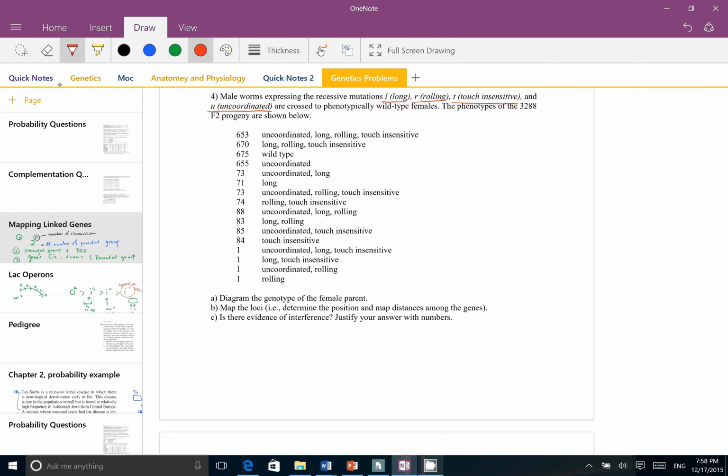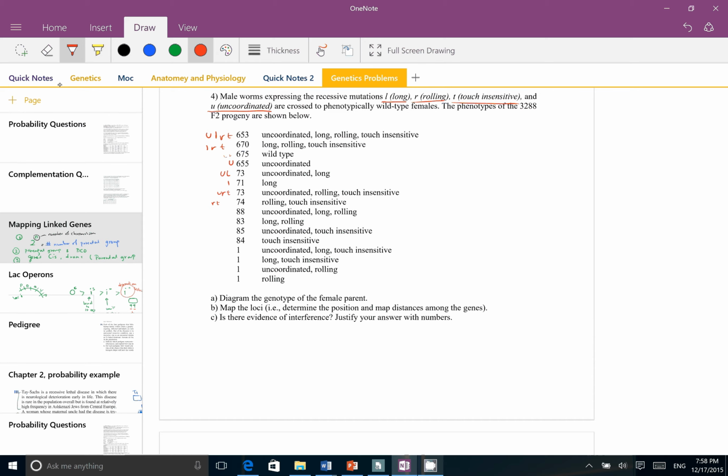So here I'll just write the letters because it makes it easier for me to go really fast through them. So U, L, R, T, wild type. So they're all plus, plus, plus, plus. You get that point. This is uncoordinated. This is uncoordinated long. This is long. Uncoordinated rolling and touch.